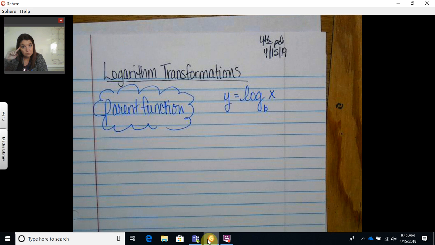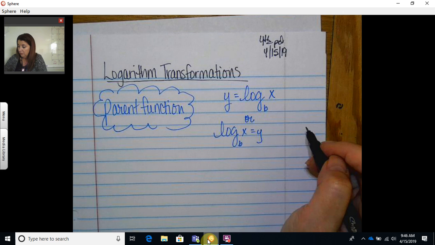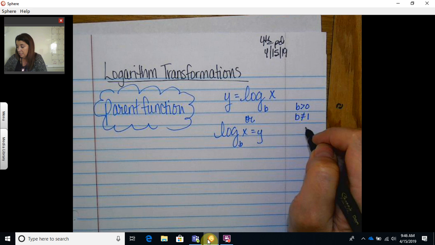Or you could write it as log base b of x equals y. Those are just the most basic. And remember, b must be greater than 0, b cannot equal 1, and x must be greater than 0.